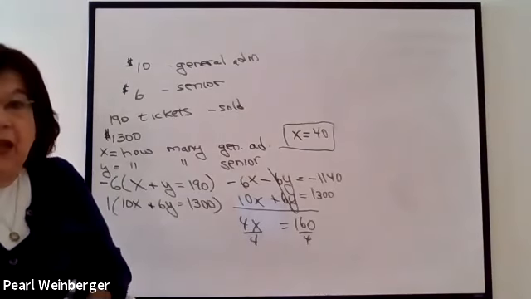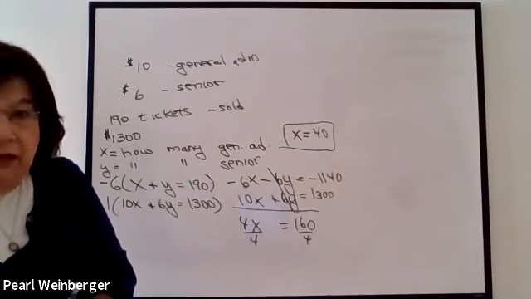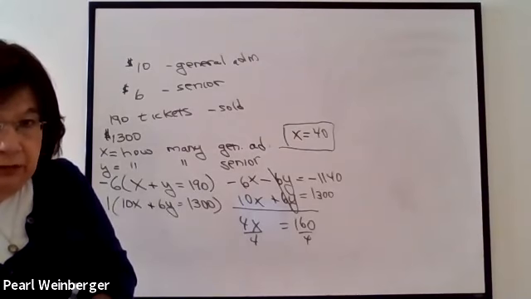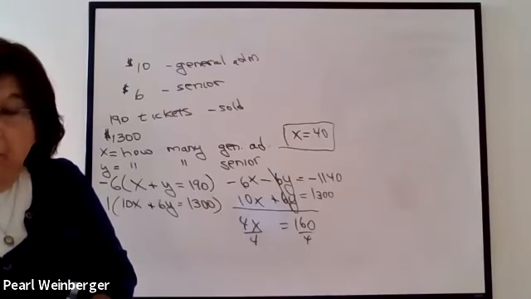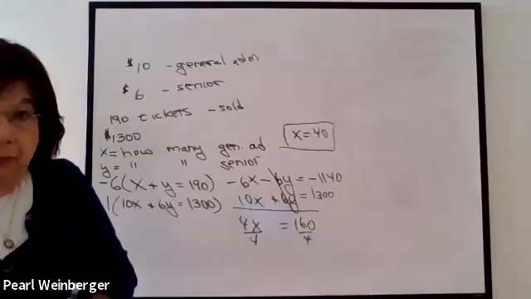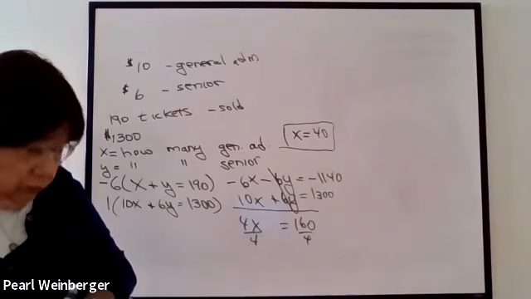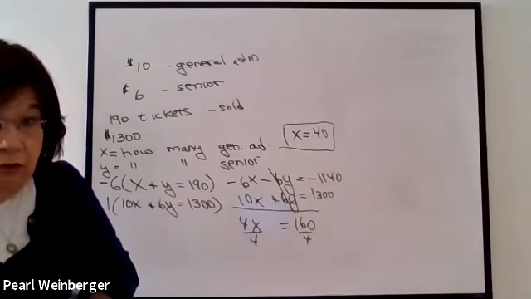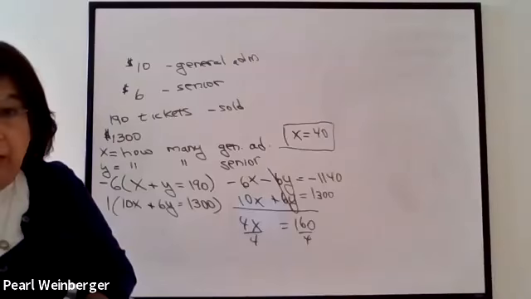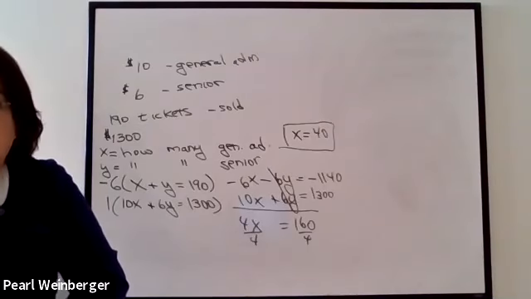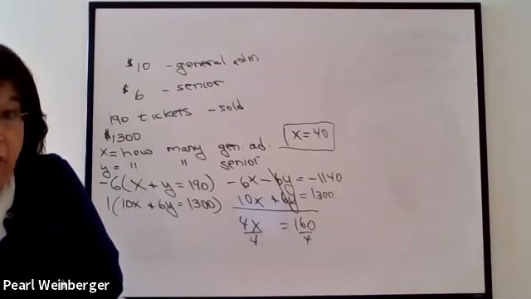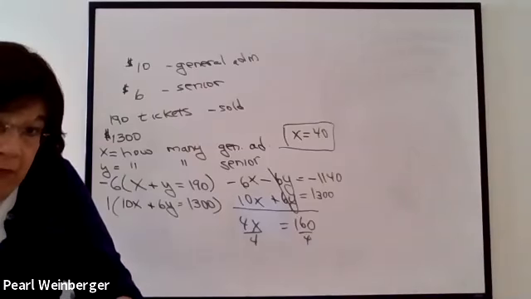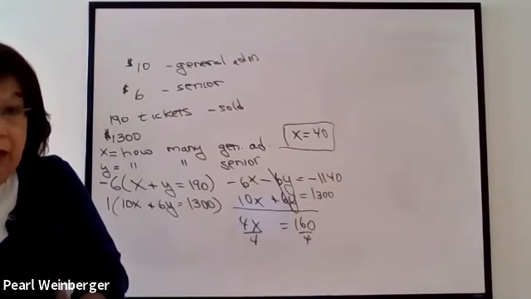All right, so that basically takes care of our chapter on systems of equations. That was chapter 3. I'm going to be going on now to chapter 4. As I said, chapter 4 is a chapter on polynomials. We're going to do a review of working with polynomials, which means we're going to remind ourselves how we add and subtract and multiply.